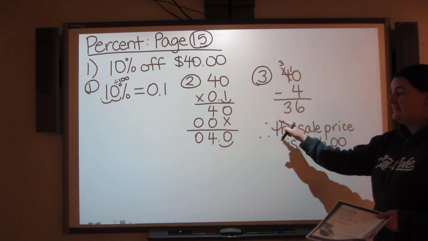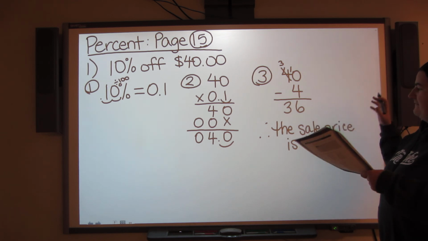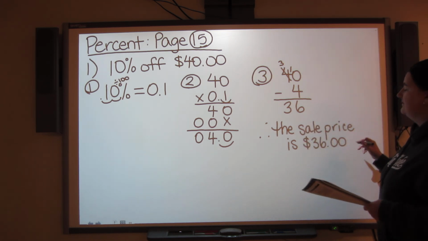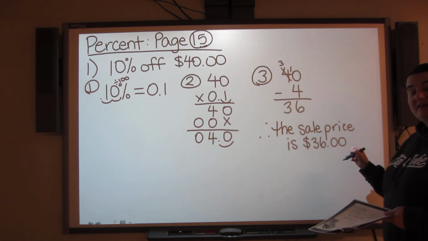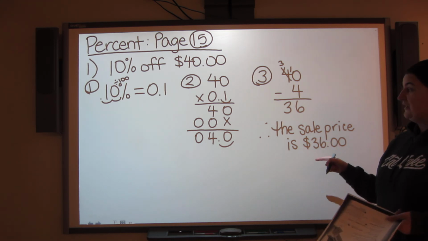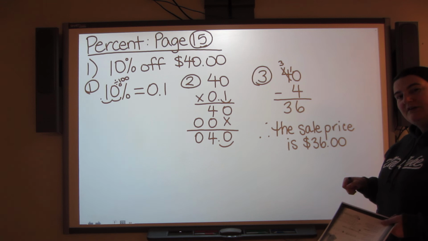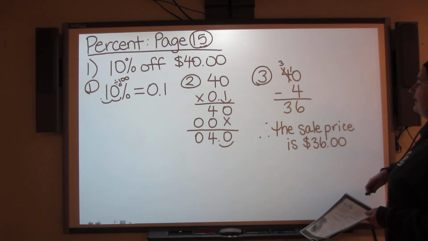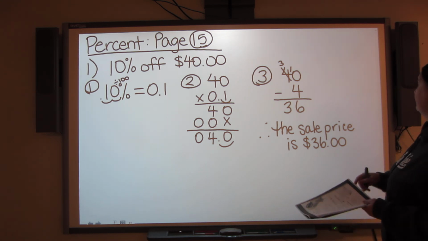Now when it comes time to doing your fancy answer sentence, you do want to put the decimal and the cents because you're dealing with money. When you're doing the calculations, you don't have to. All right, so that's number 1.